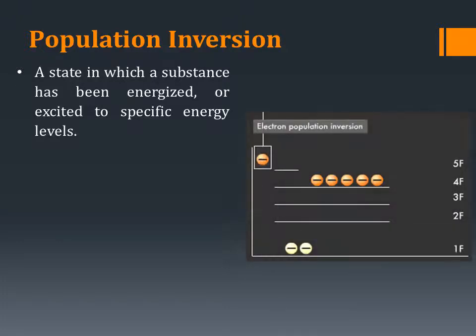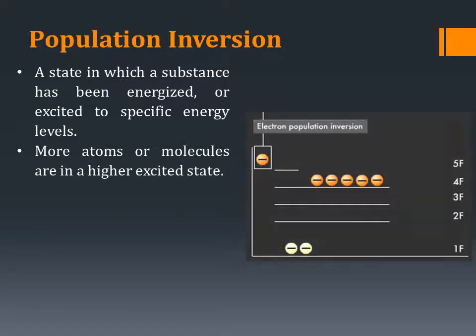In this animation, atoms in the lower energy state are excited by a method called pumping to a higher energy state. And from the higher energy state, these atoms come down to the lower energy state, giving out energy. This is how laser action takes place.